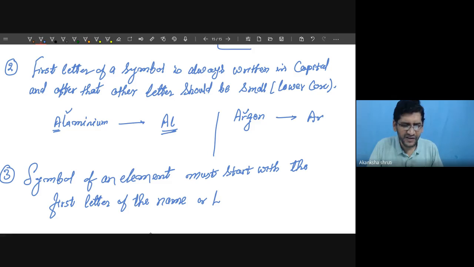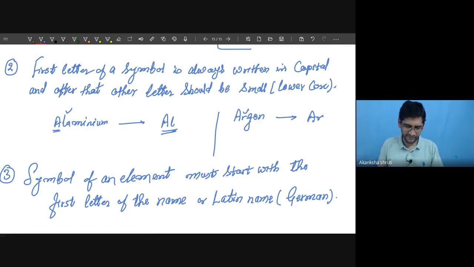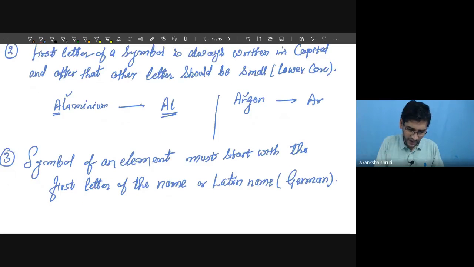Latin name means the name proposed or given by the Germans. If a Latin name is there, then this Latin name is preferred, because Germany has done a lot of research over this.